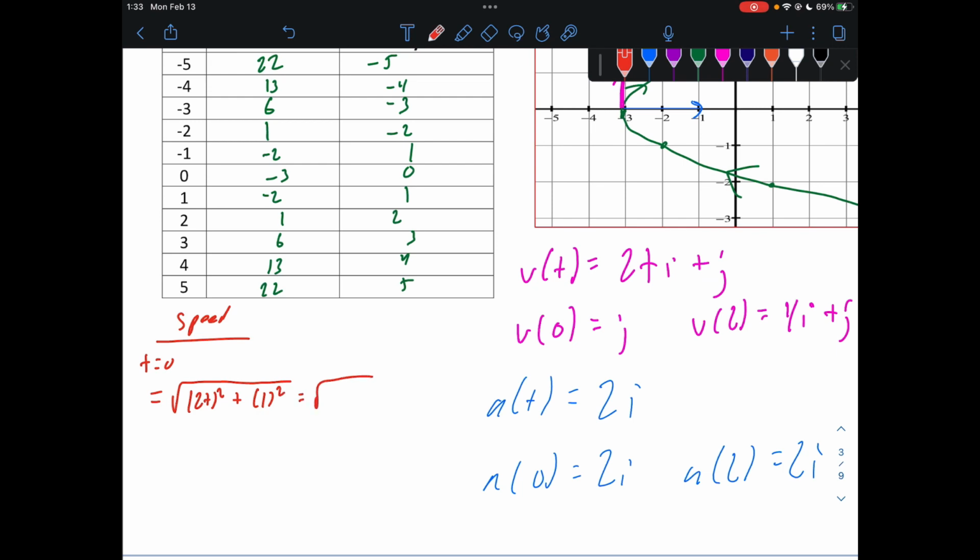So it'd be root 4t squared plus 1. And if you put in t equals 0, 4 times 0 plus 1, so it's root 1, so our speed is 1. And then at t equals 2, 4 times 4 plus 1, so root 17. So our speed would be root 17.